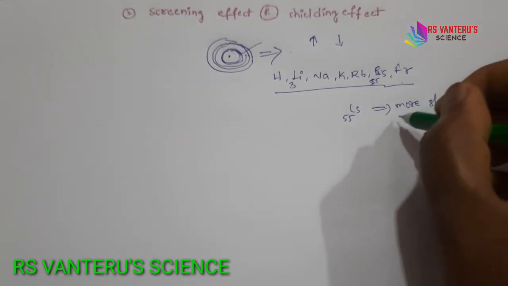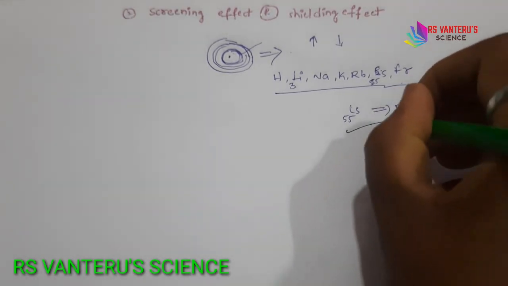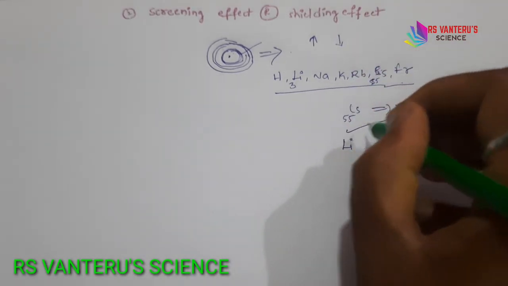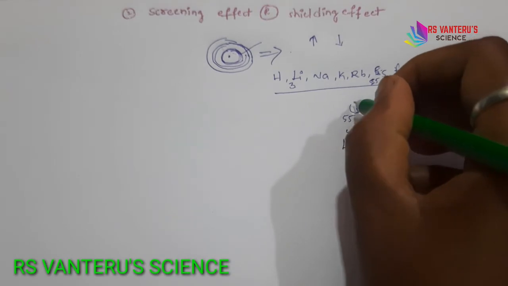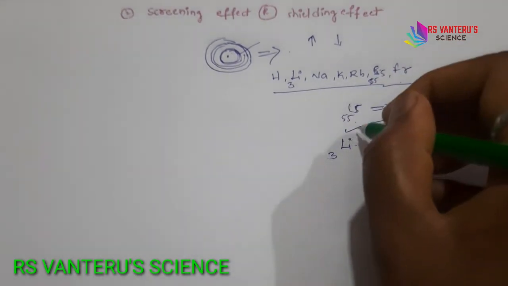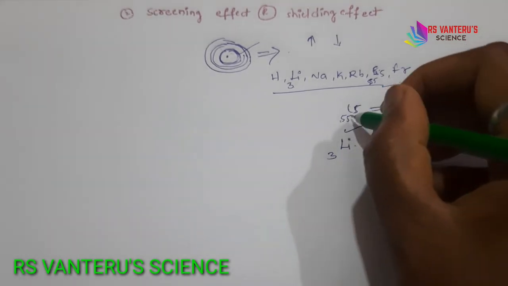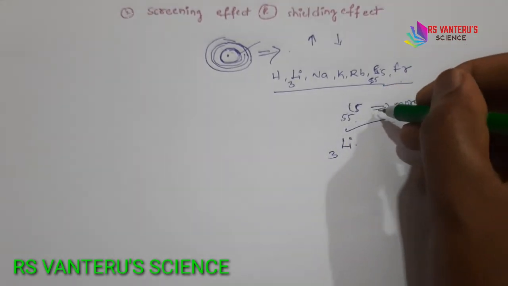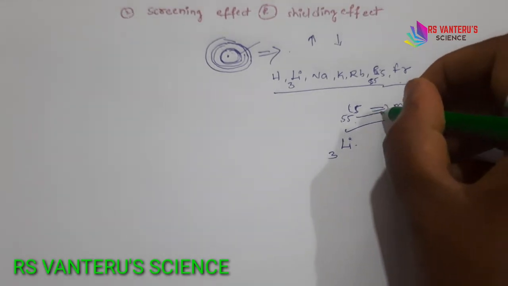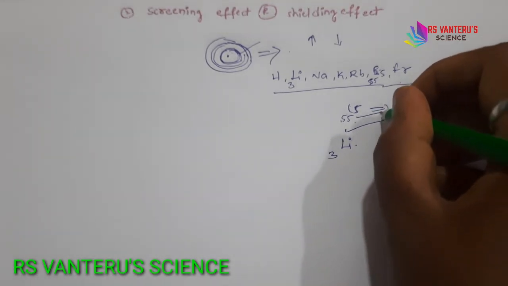So the ionization energy of cesium is less than that of lithium. Why? Because cesium 55 has more inner shells. That's why the ionization energy of cesium is less than that of lithium.